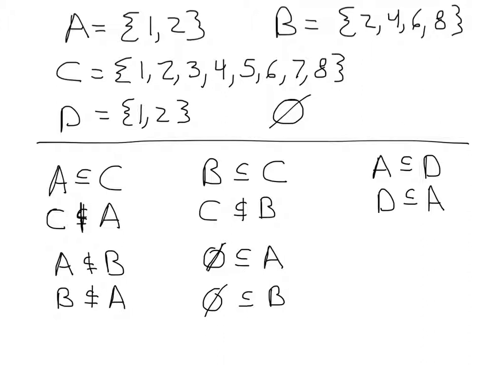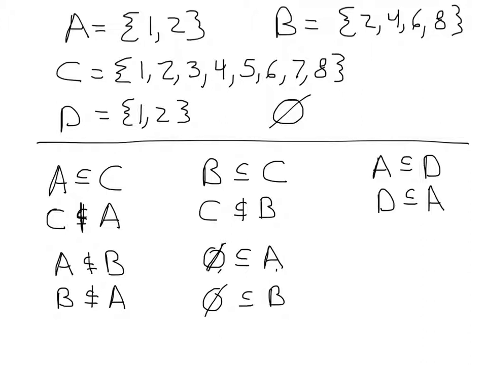By the way, there is this property that if all of the elements in one set are in another, and all the elements of A are in C, then the empty set has to be a subset of C as well. That's a property. You can prove that two ways. One, just by looking at the empty set.